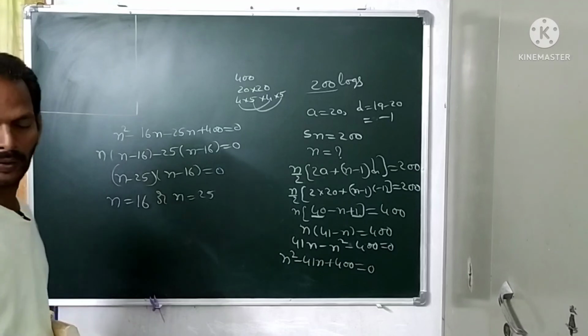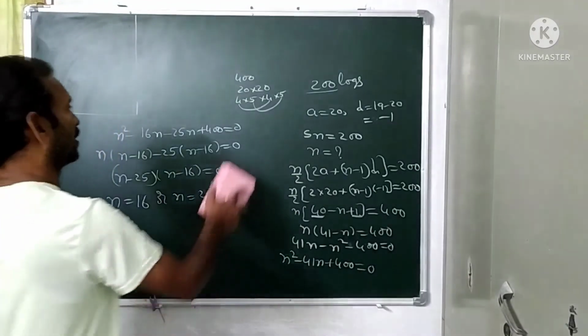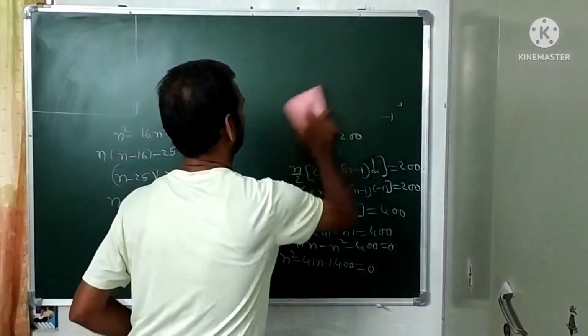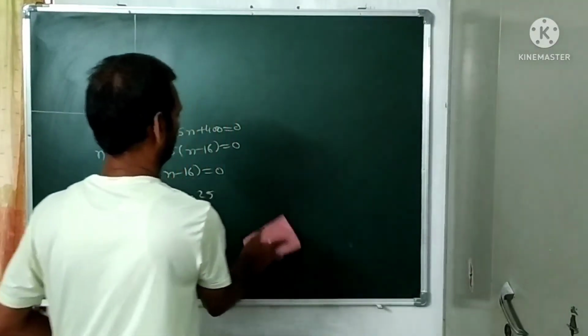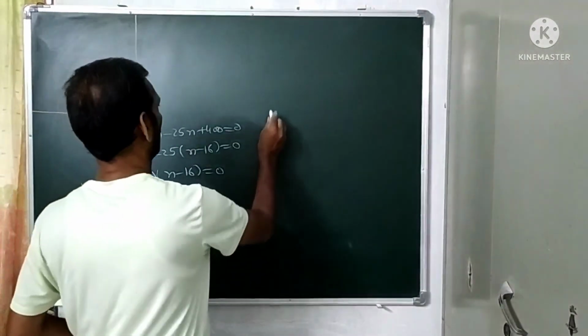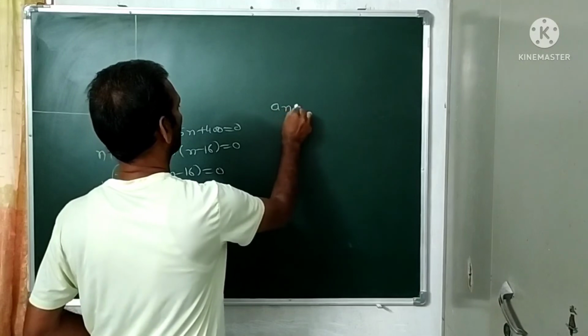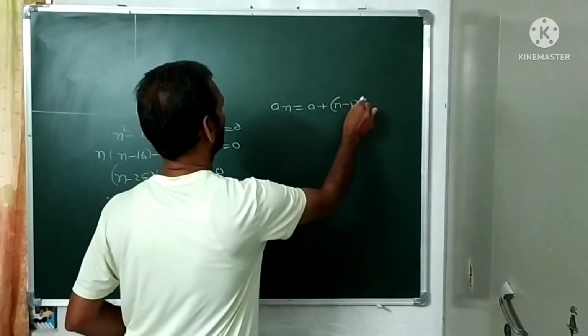Both are correct, but only one is correct. Why it is correct, that we will discuss now. So 16 rows are there. An is equal to a plus n minus 1 into d.